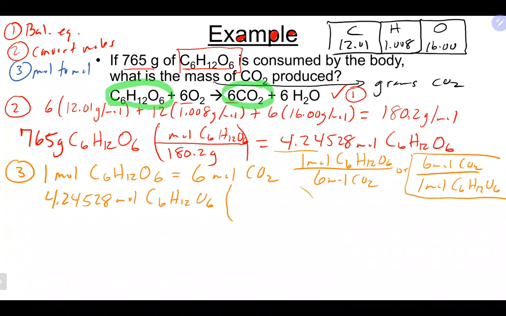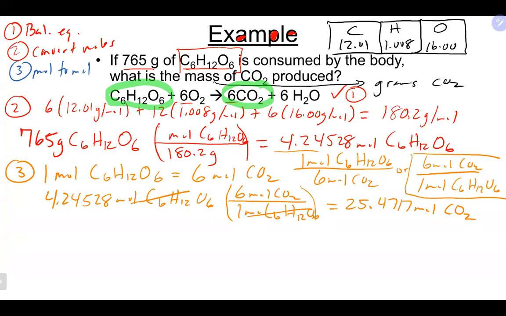That's going to put the CO2 on top, which is what we're looking for. And that will get our moles of glucose going away here. So the moles of these guys will cancel. Taking that number times 6 basically gets us something like 25.4717 moles of CO2 at this point. Any questions up to that?